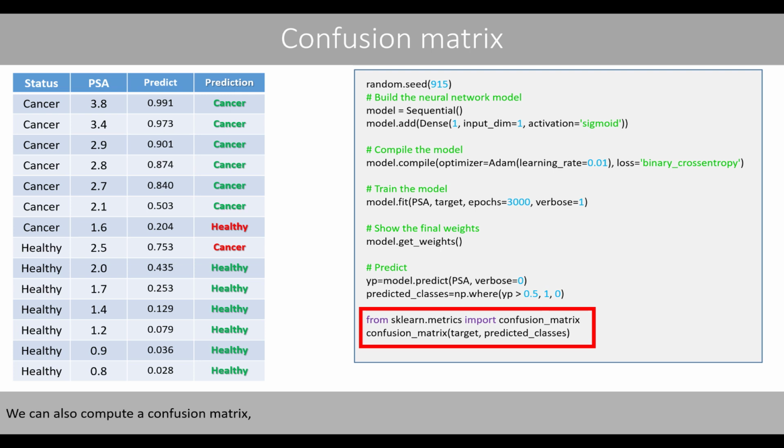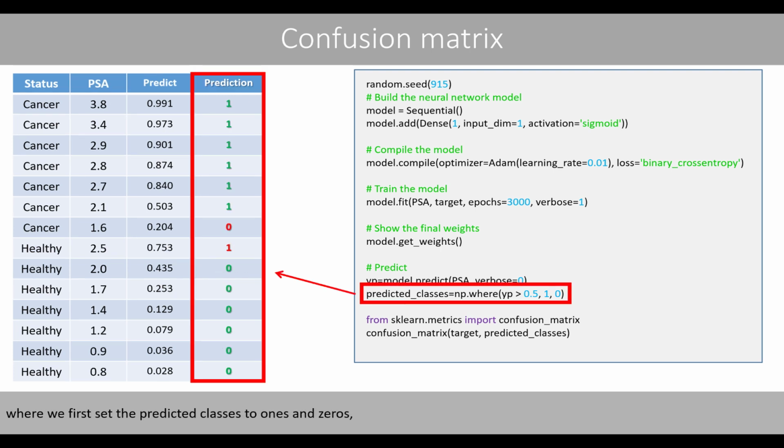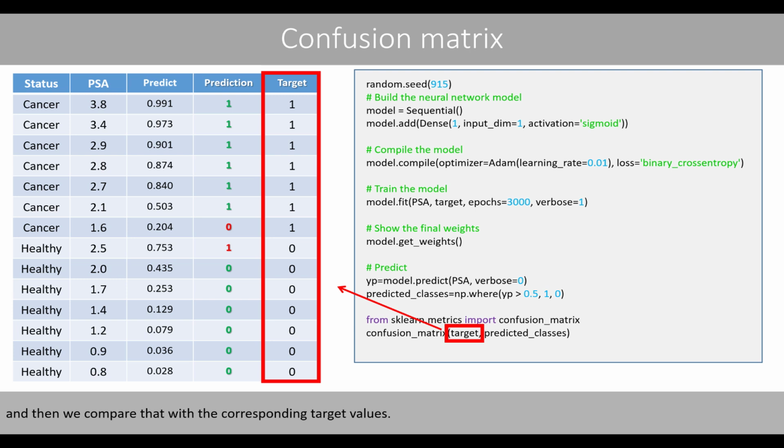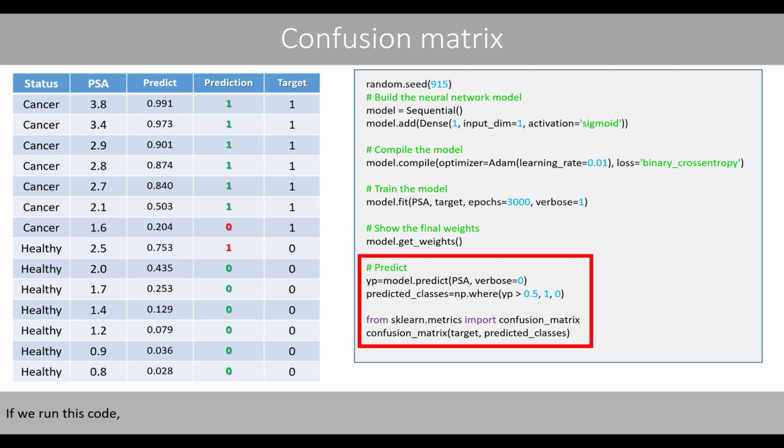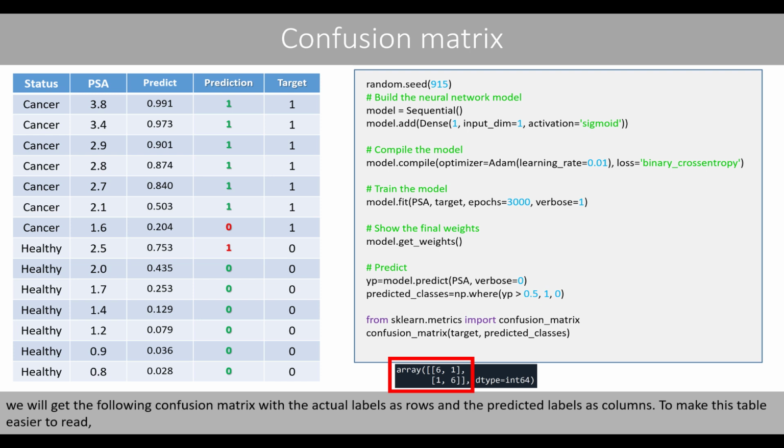We can also compute a confusion matrix, where we first set the predicted classes as ones and zeros, and then we compare that with the corresponding target values. If we run this code, we will get the following confusion matrix with the actual labels as rows and the predicted labels as columns.